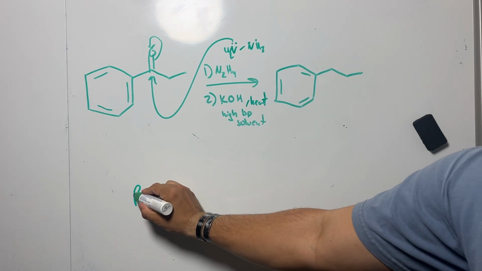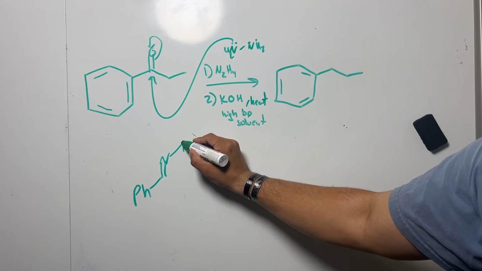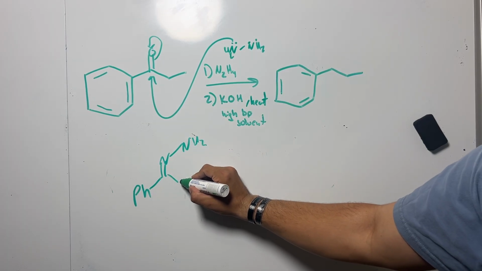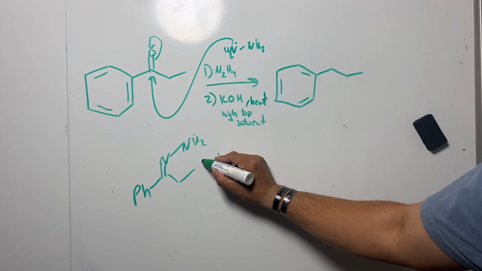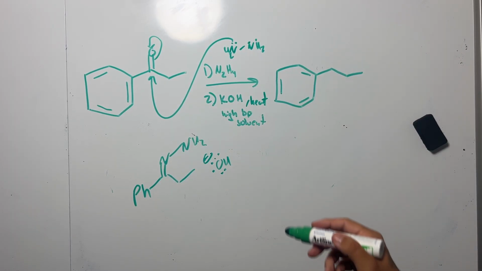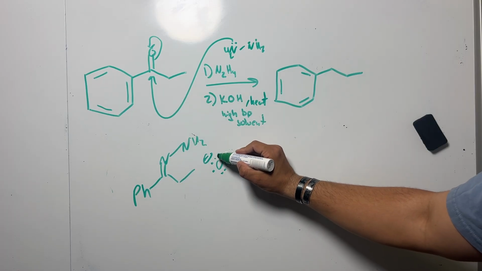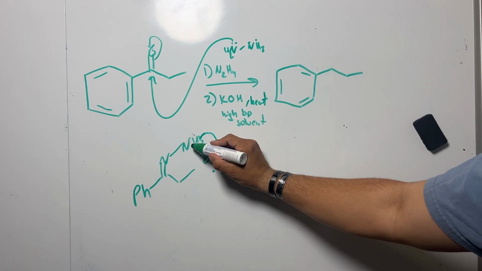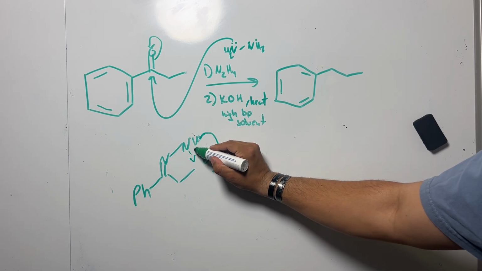We have our hydrazone right here, NH2. Now we have a strong base. I'm using just hydroxide here. We are going to steal one of the protons from this nitrogen right here. So I'm going to actually make this NH.